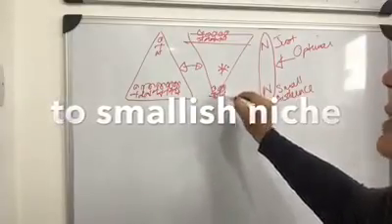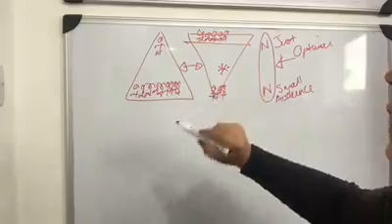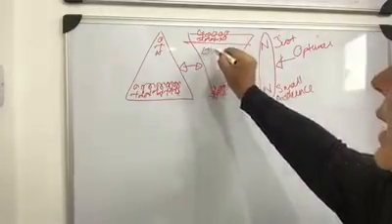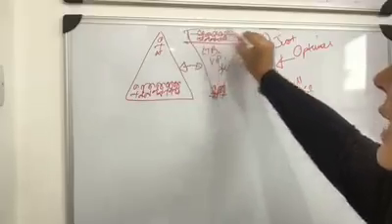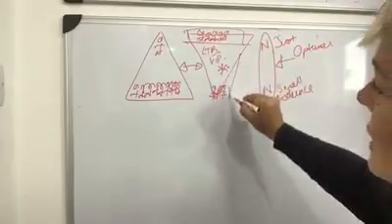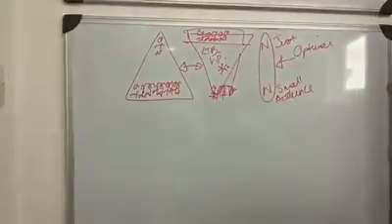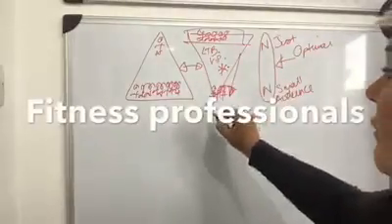And there are some models like this, for example. LTB has this model. VIP had this model, which is a band of experts delivering to a smallish, but not necessarily very small, niche. So that was delivering to the fitness niche.